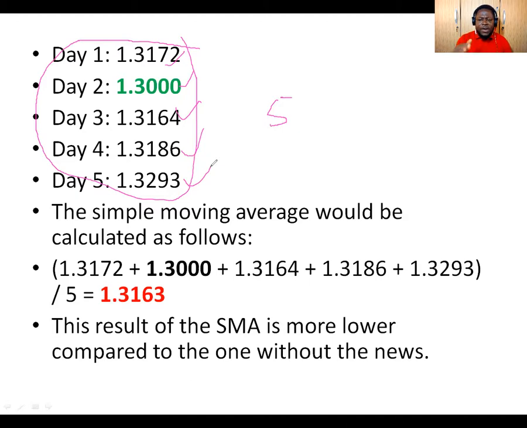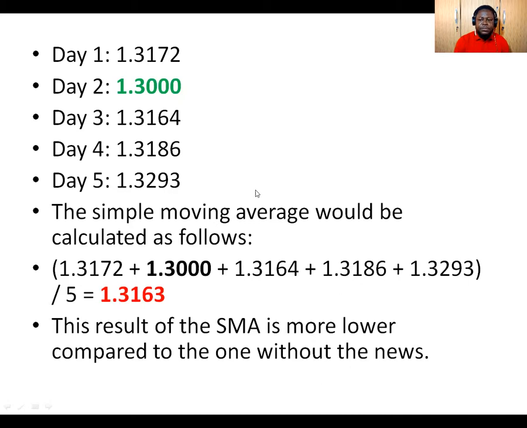The simple moving average will calculate all the 5 and then give you the result and plot it on the chart in the form of a line. Now, for the exponential moving average, we are saying that it lays emphasis on the latest result, meaning the current results. Let me explain that part critically.